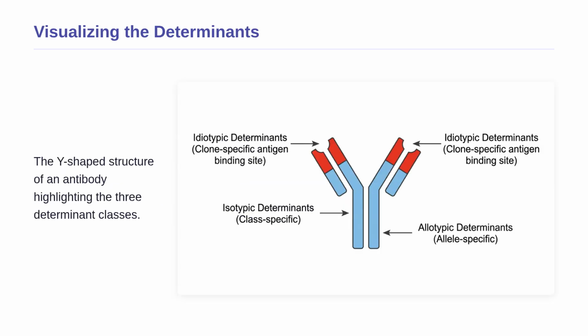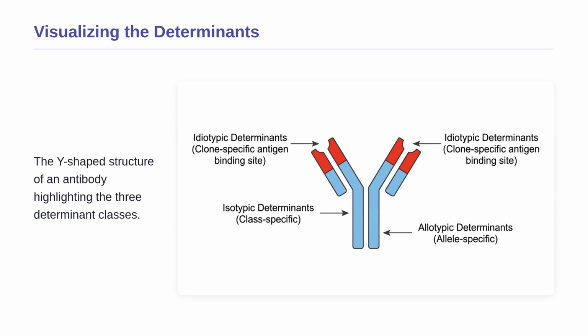Now that we have defined the three classes, let us see them visually on the antibody molecule. Here, you are looking at the classic Y-shaped structure of an immunoglobulin. Notice the red regions at the very tips of the upper arms. These represent the idiotypic determinants, which form the unique antigen binding sites specific to each clone.